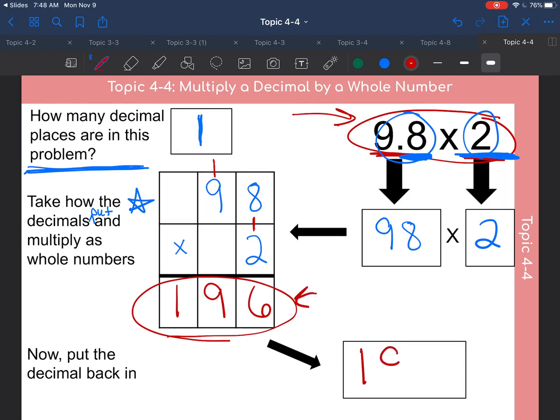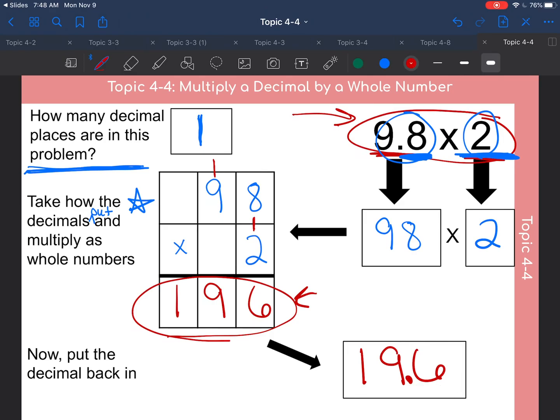So we have to make 196 have one decimal place, okay? Meaning that usually in the number 196 or any whole number, the decimal place is always at the very end. It's like imaginary, you can't really see it. Okay, so we're going to shift it one place value over so that this answer has one decimal place.